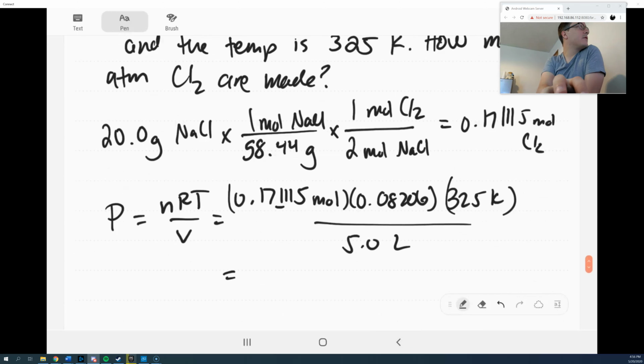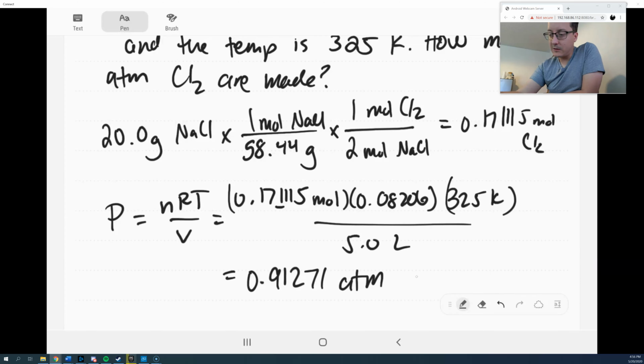Doing all this stuff gives us 0.91271 atmospheres, and it looks like we have 2 sig figs here, so 0.91 atmospheres.